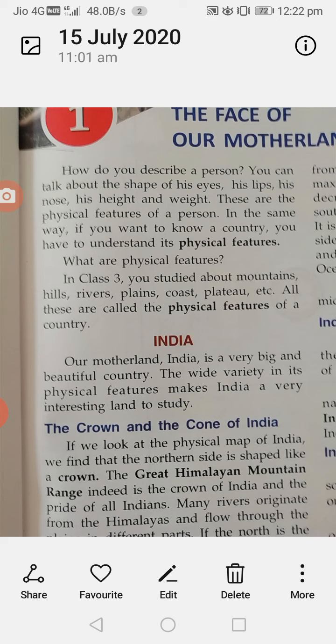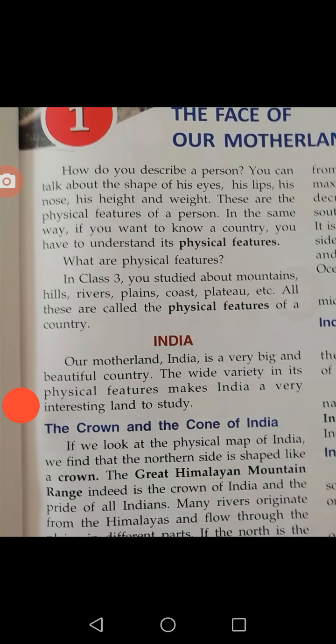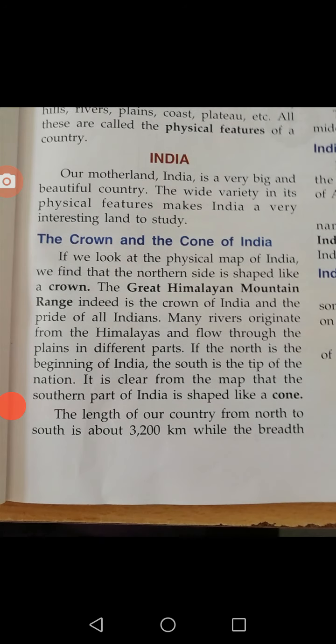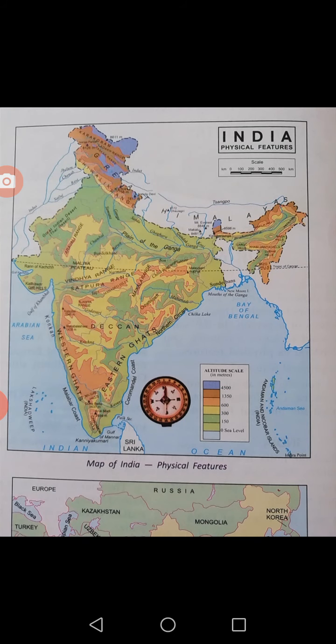Okay, let's come to the length and breadth of our country. The length of our country from north to south is about 3200 kilometers. In the north, Jammu and Kashmir state is there.